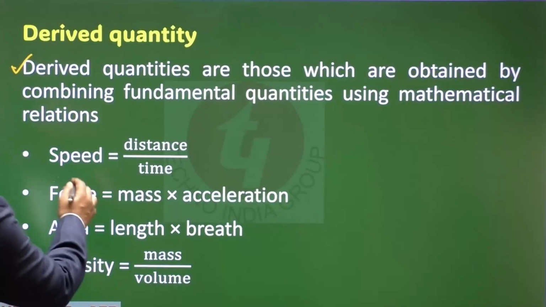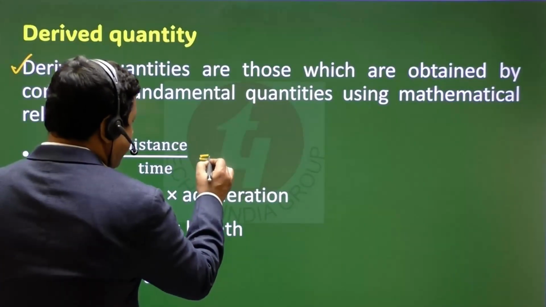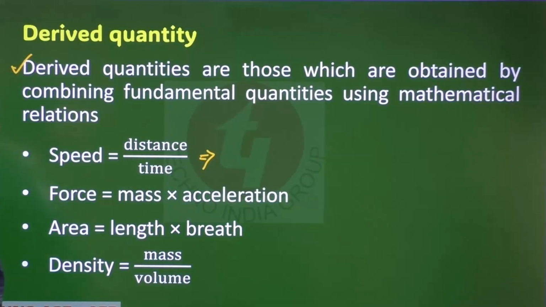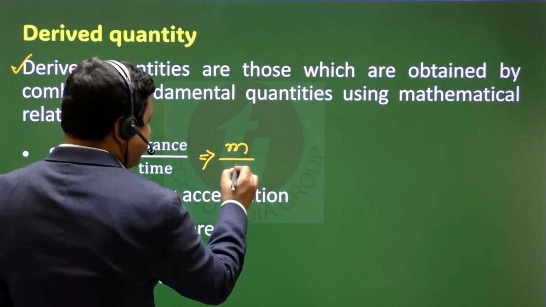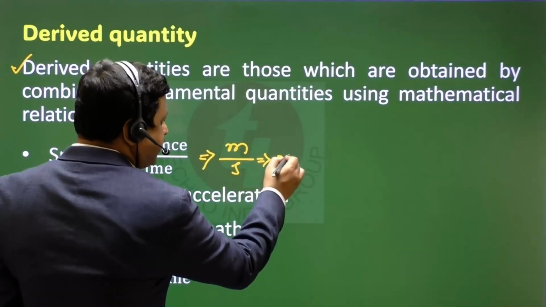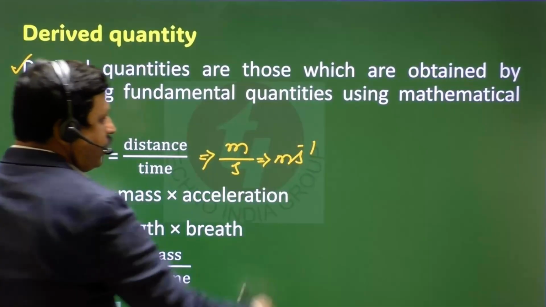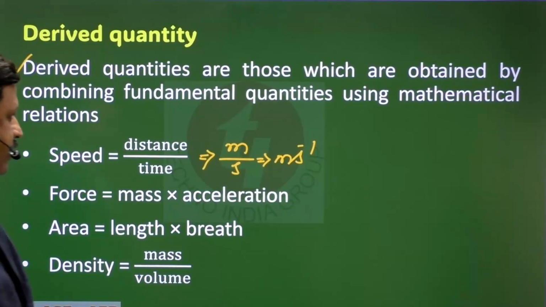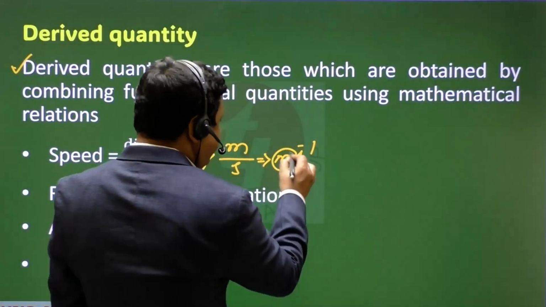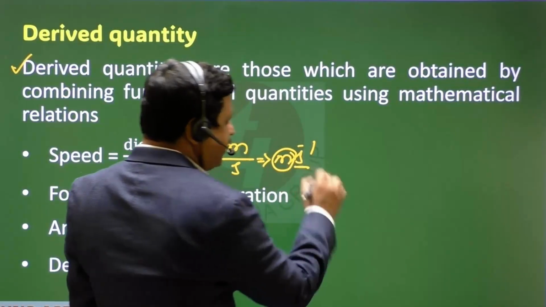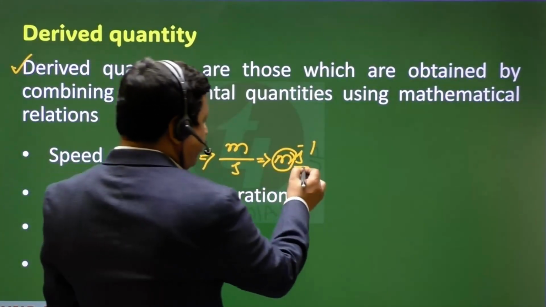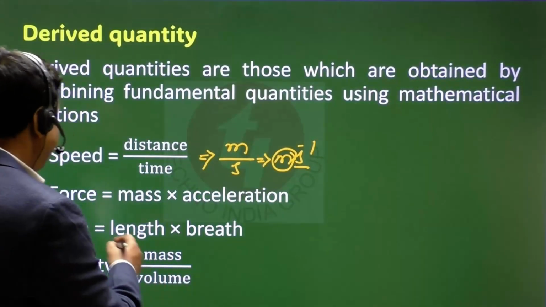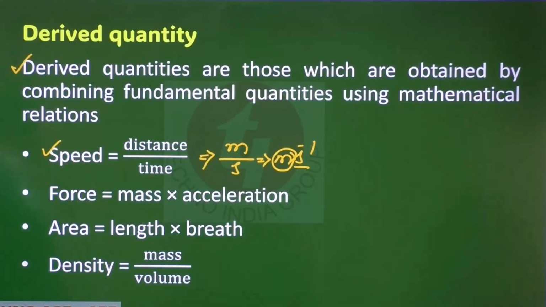Say speed. What is the unit of speed? Speed is distance by time, and the unit of distance is meter and time is second. That means the unit is meter per second. This meter is the unit of length and this second is the unit of time. Combining these 2, you get the unit of speed, right?